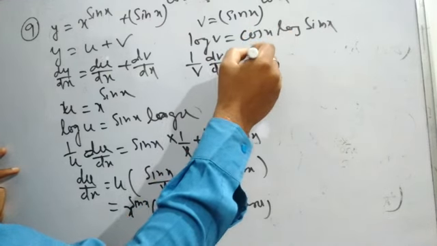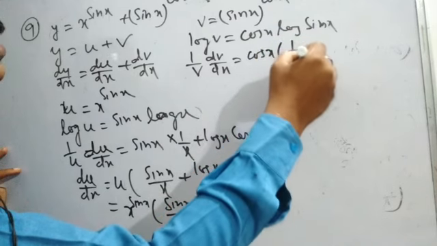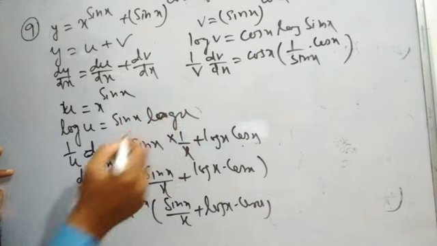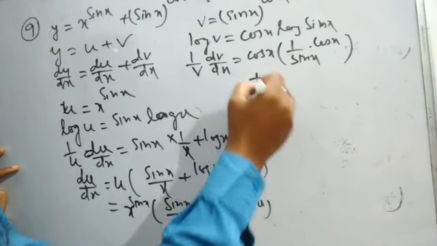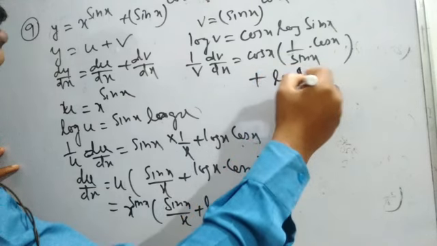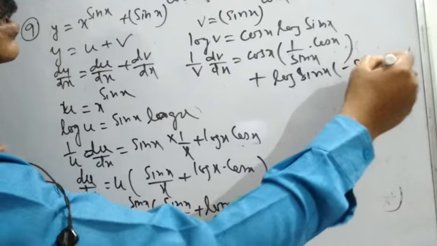Cos x derivative, suppose cos x constant, then derivative of log sin x is 1 by sin x, again sin x derivative will be cos x, plus again log sin x constant, again cos x derivative is minus sin x.